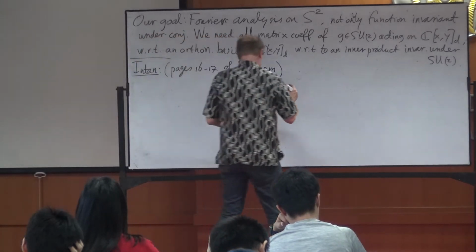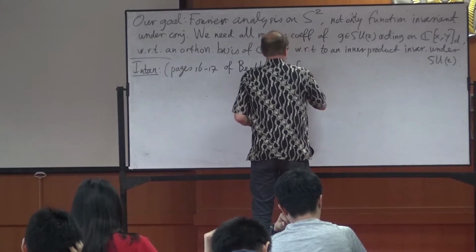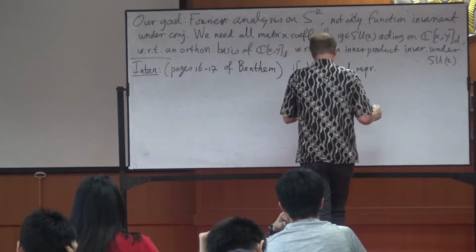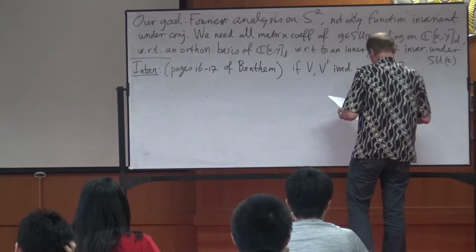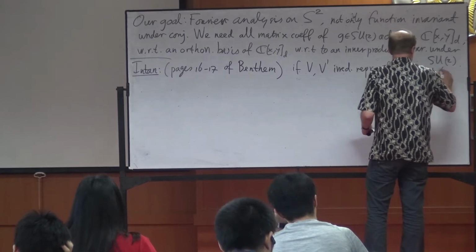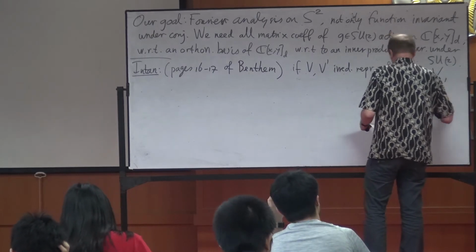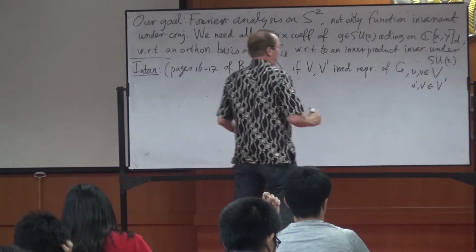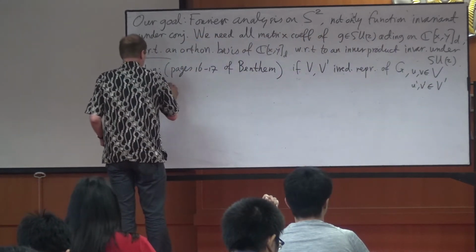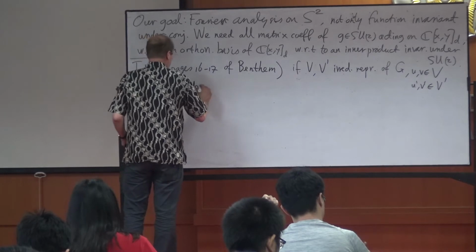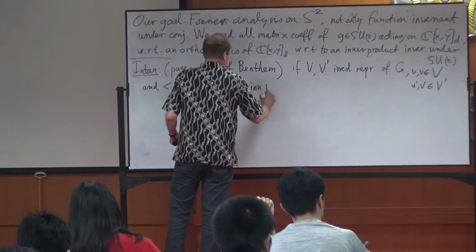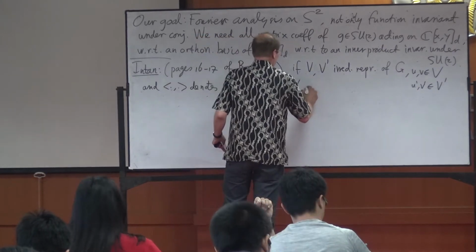So if V and V prime are irreducible representations of G, and now G is any compact Lie group, and you have u and v in V, and u prime, v prime in V prime, and you have invariant inner products, and the bracket denotes a G-invariant inner product on V and also on V prime.